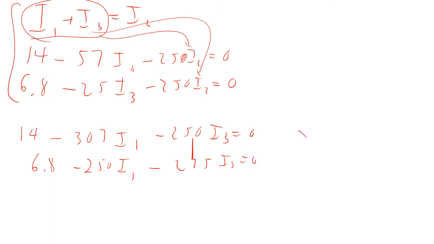If I multiply that equation by 11 and that equation by 10, then what I get is 154 minus 3377 I1 minus 2750 I3 is equal to 0.